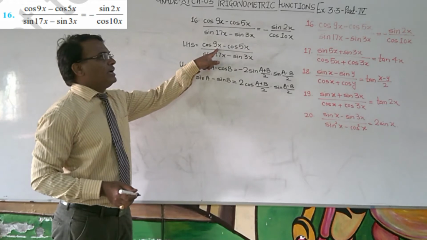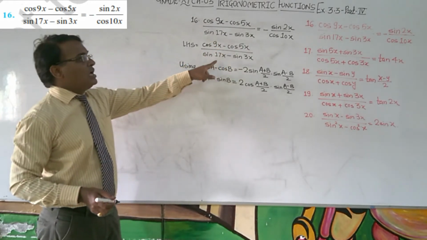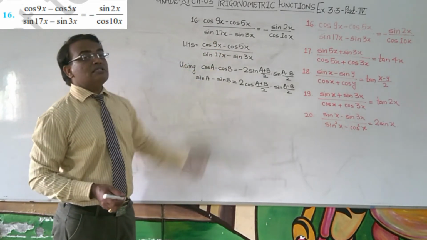A is equal to 9x here, B is equal to 5x here. Here A is 17x, B is 3x.